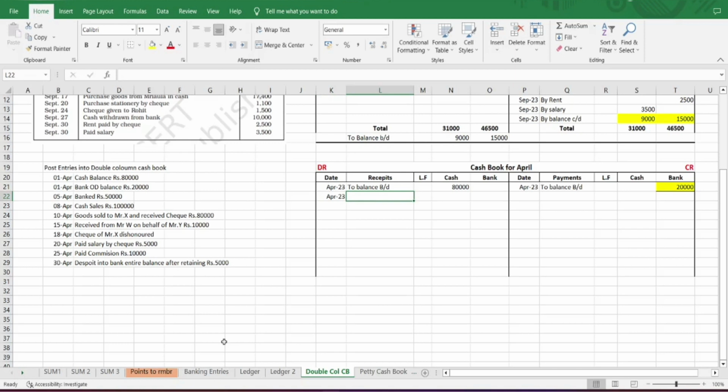Banked 50,000. So here cash is deposited into bank, so cash is going out of the business. So cash is paid, on the payment side, cash is paid to bank.